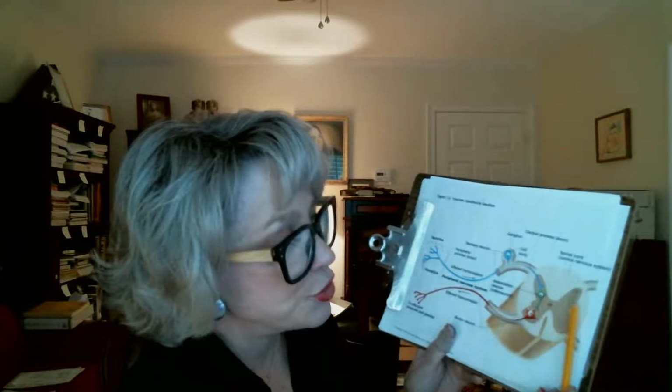Now it shows one long blue cord here, but I want you to imagine sensory neuron to sensory neuron to sensory neuron. It's going to go in the back door. It always does. And here is the artist's rendition of the dorsal root ganglion. And here is the dorsal root entering the back door of the spinal cord. Here's the dorsal horn.